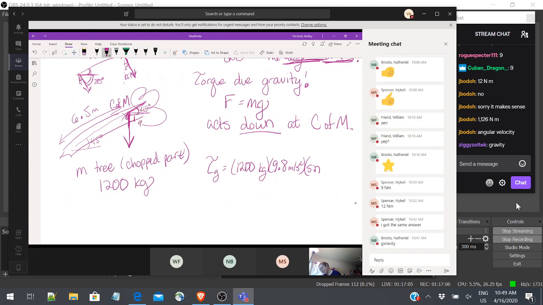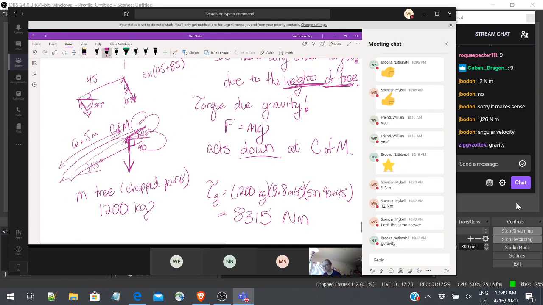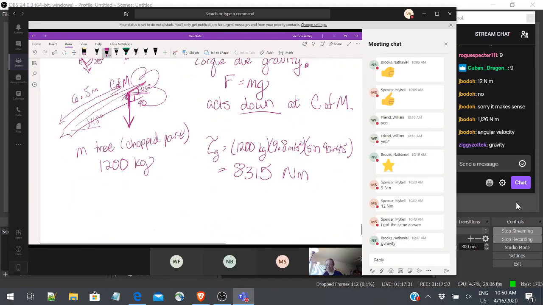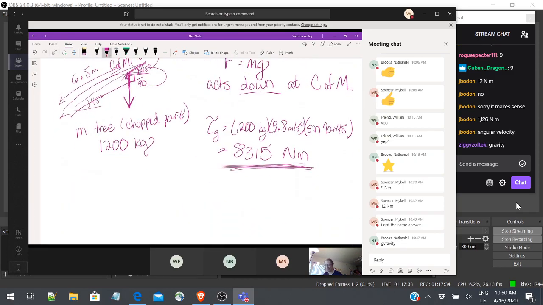This is 90. So it would be 90 plus 45, so 135. 8,315 Newton meters. So the tree is definitely going to win here, right? This is a lot of torque. This is why this was a bad plan. Even after you stop pulling, you have this much torque making the tree go onto your face, right?